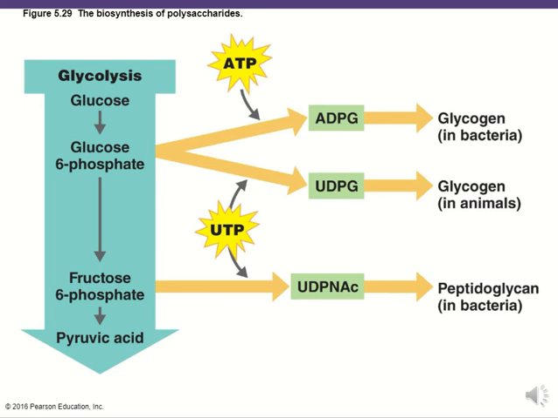But this is typically involved in only some processes in animals and bacteria. And what we're basically seeing is the combination of glucose to form glycogen, which is where glucose is stored for later.